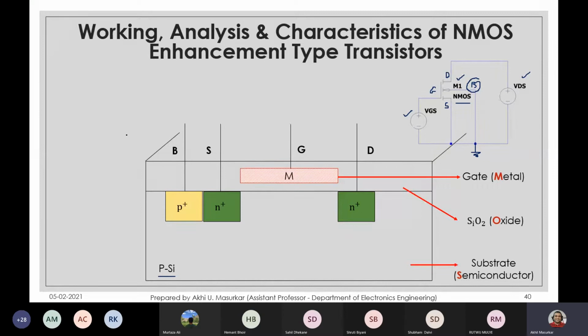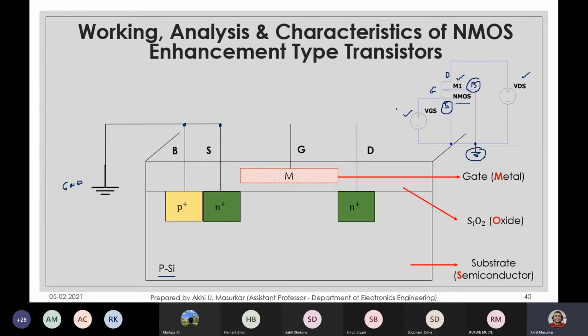Okay. Now you can see that body and source are connected to ground. So first I will show this connection. Body and source are connected to ground.